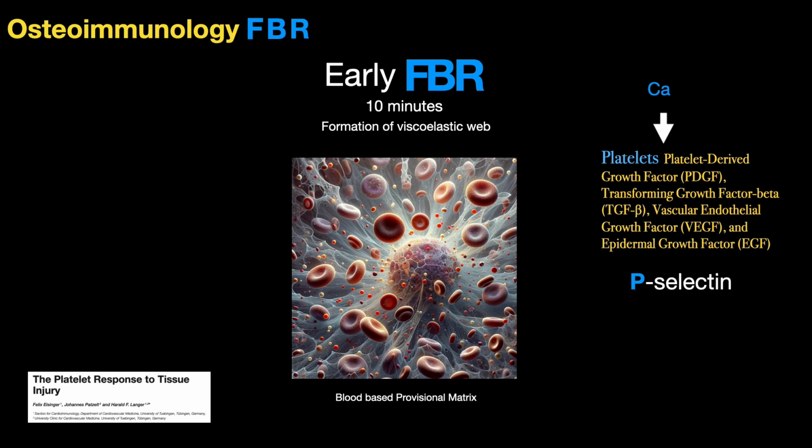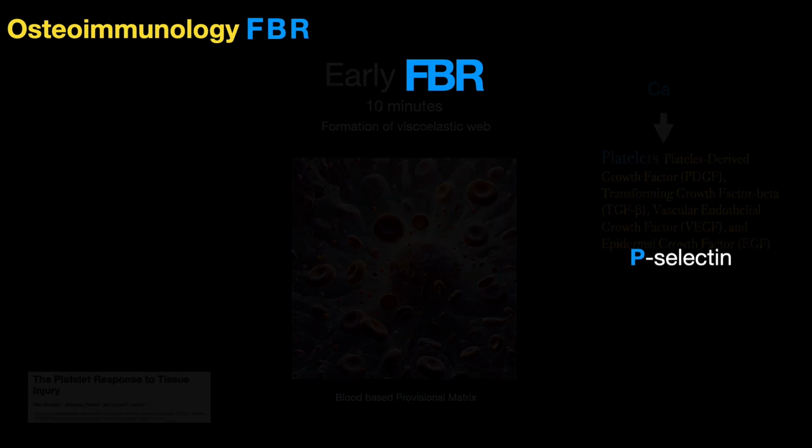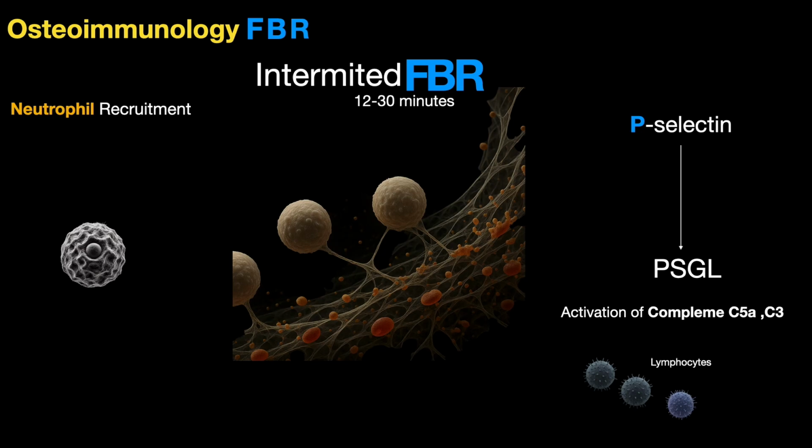We will have more adhesion of the next cells, which are neutrophils. So you see this net grabs the neutrophils, and as the neutrophils are on the spot, they start to activate complement, which is the bridge between innate and adaptive immune response.